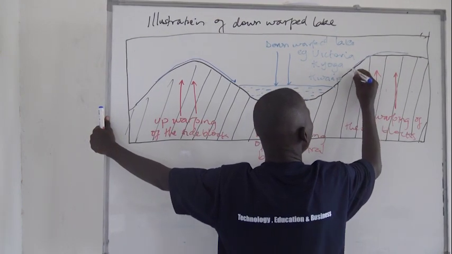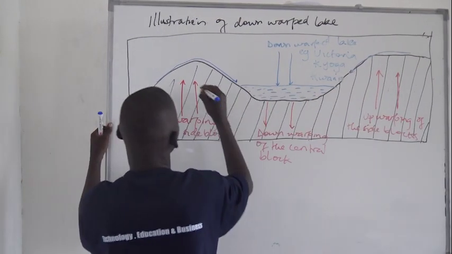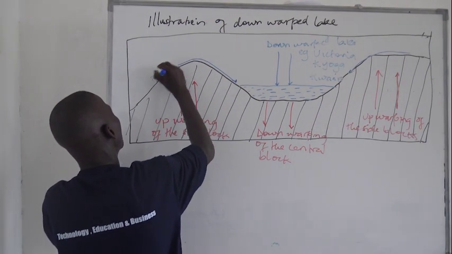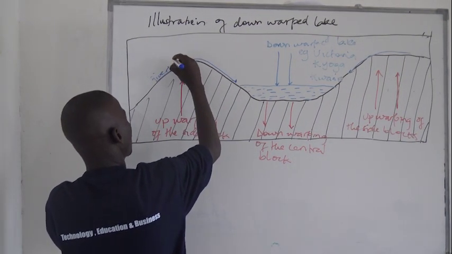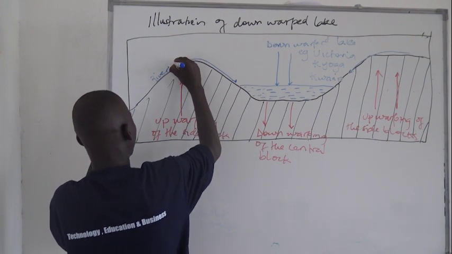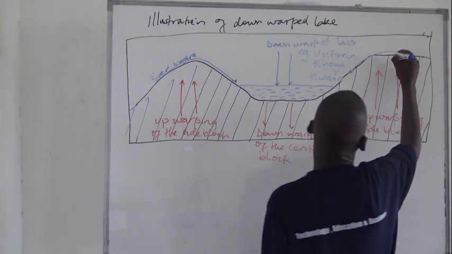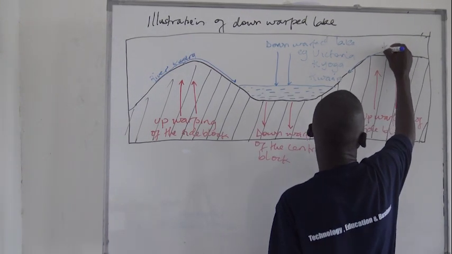We have given examples of such rivers like River Kagera and River Katonga.